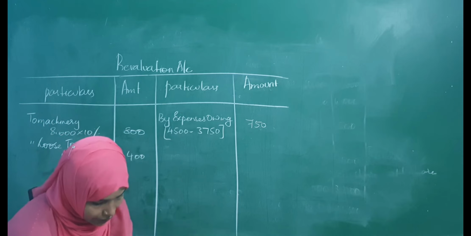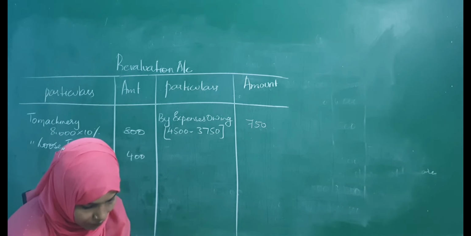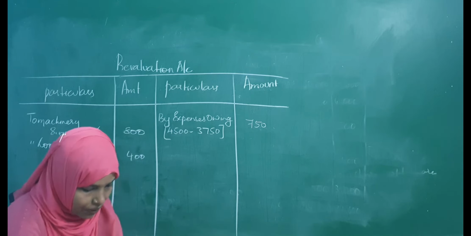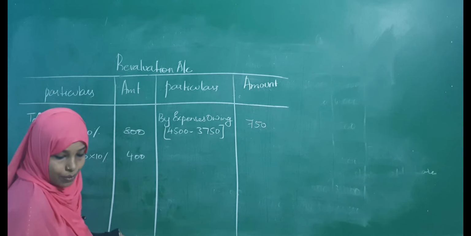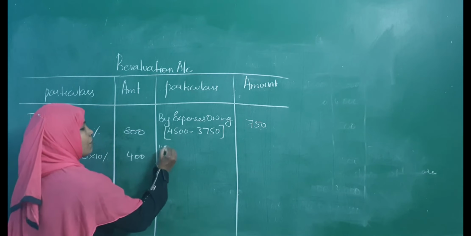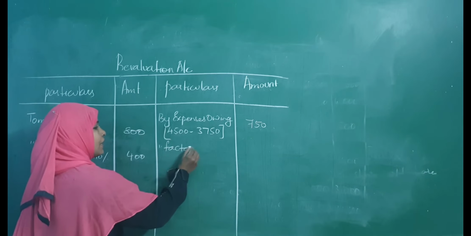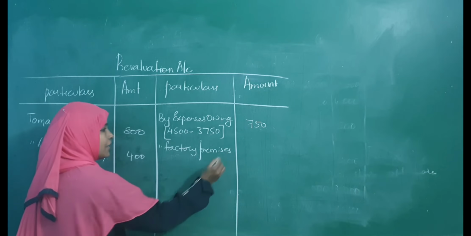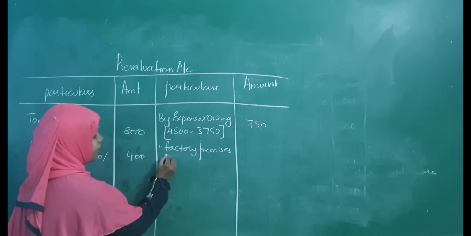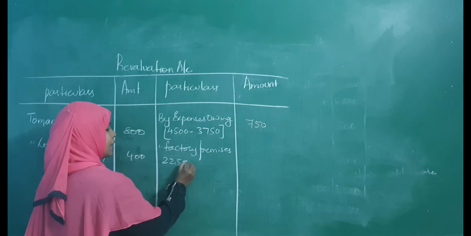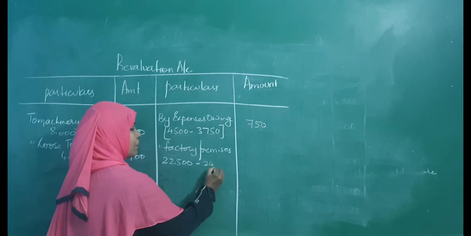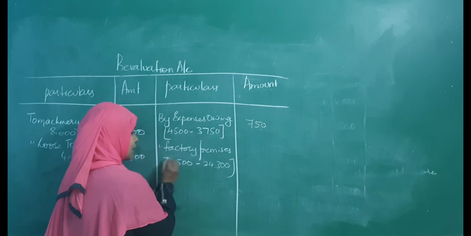Okay, then factory premises are revalued at 24,300. The value of factory premises in the balance sheet is 22,500. It has been increased in the value of asset. Factory premises from 22,500, it has increased to 24,300.